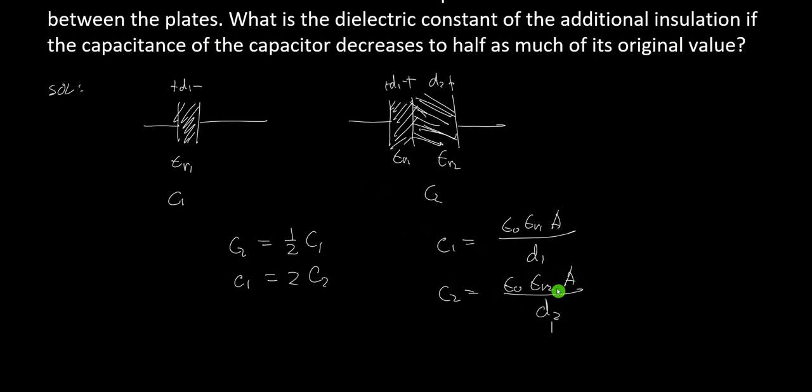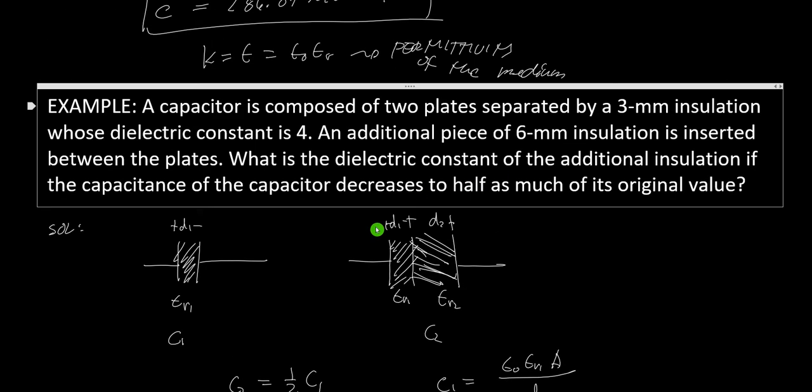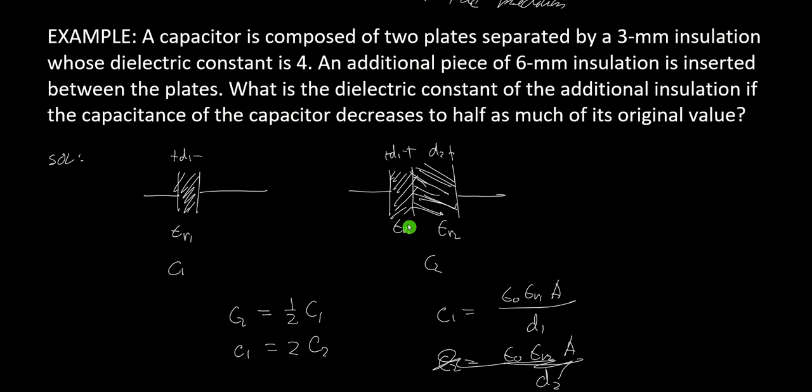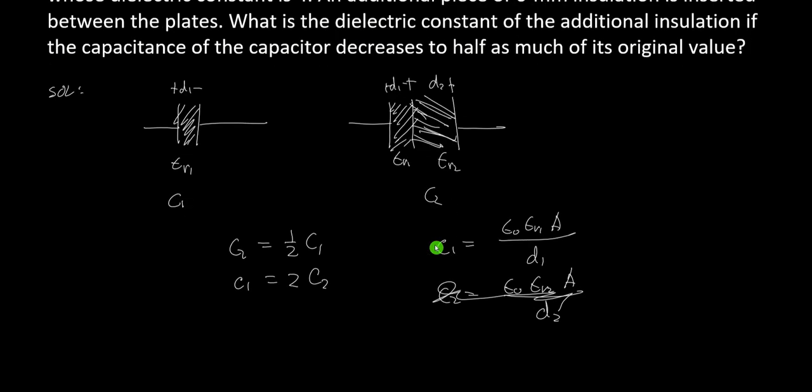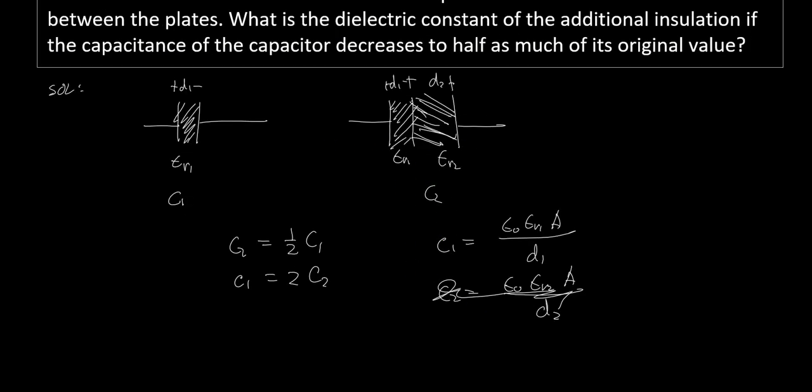Then we can substitute these two equations here. But before that, the C2 that I'm talking about here is wrong. This is not the C2, because for the new capacitance we should include epsilon R1 here, not just epsilon R2. Both of them should be in the equation. So therefore, this is wrong.